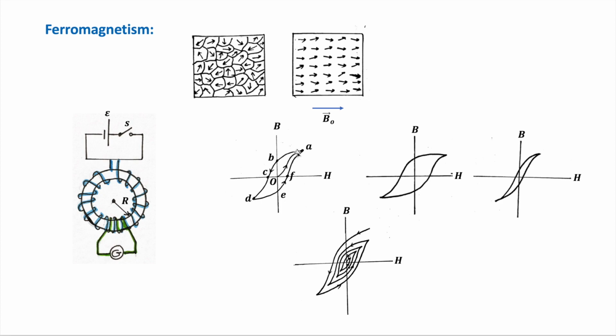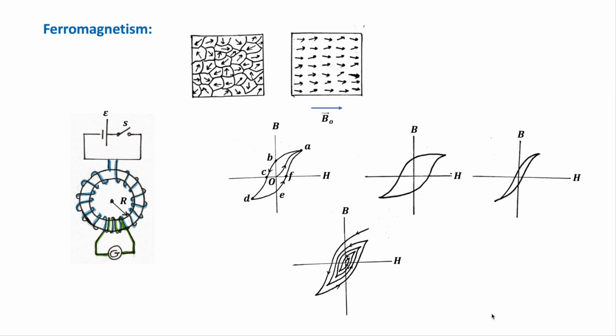So this shows that even when H reaches 0, the total field B is not 0. This is because the iron core is now magnetized due to a large number of domains being aligned. So B, the total magnetic field, is equal to Bm, and therefore the iron has a remnant magnetization.